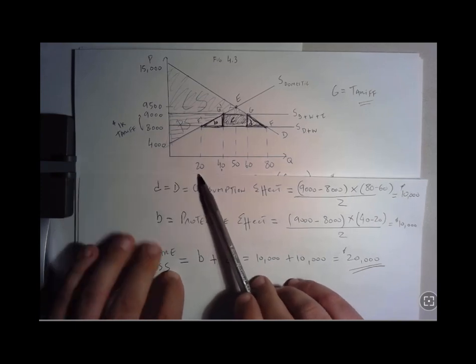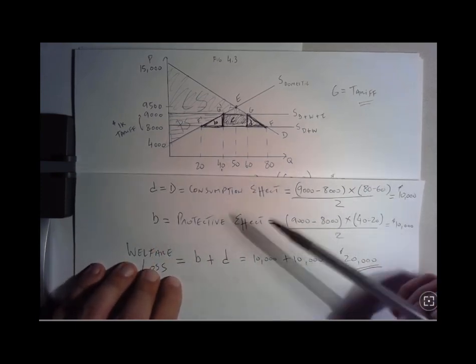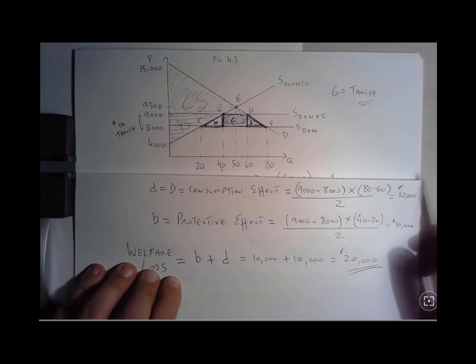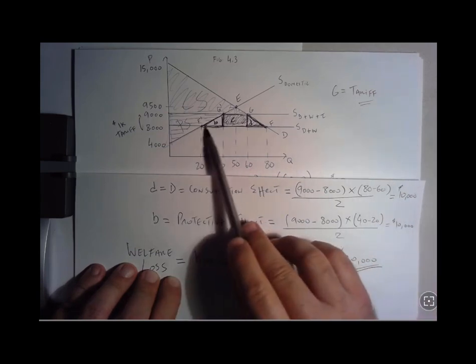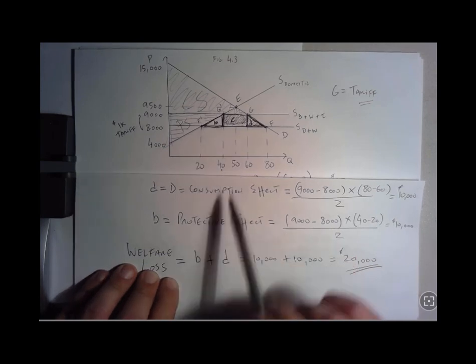Okay. We are basically subsidizing, even though this is a tariff, we are basically subsidizing, doing a wealth transfer for the producers. And in the end, we all lost. This part B, the protective effect, is gone.